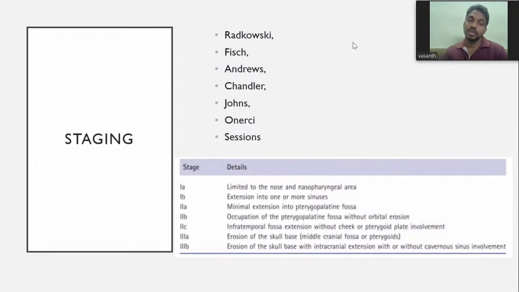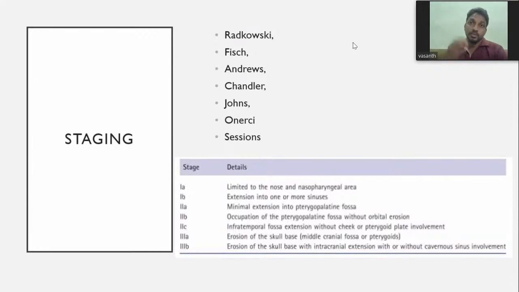Fisch staging is also very useful, but Radkowski staging was found very useful for surgeons because it gives a clear picture about the extension of the tumor, so that the surgeon can easily compare two or three cases with other people. So that's good for them. Okay, so Radkowski, Fisch, Andrews, Chandler are the four staging systems.